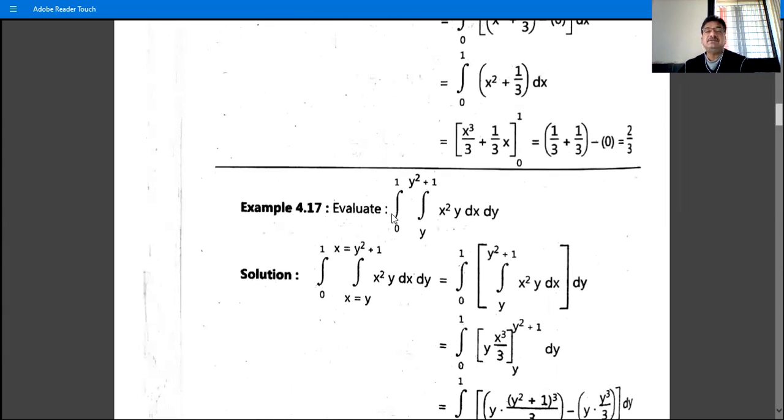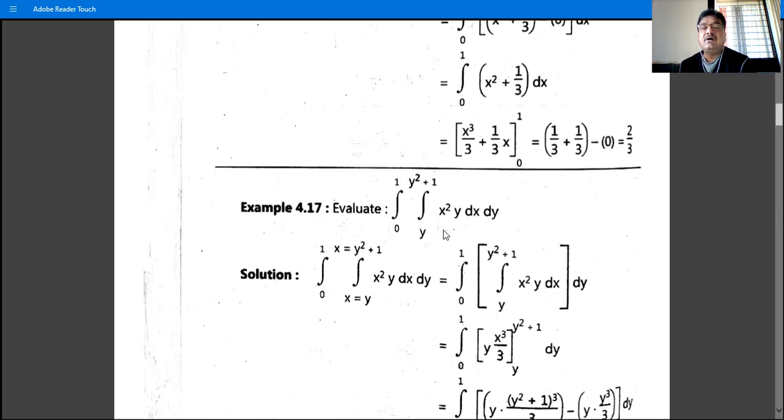Next problem, integration from 0 to 1, integration from y to y square plus 1. The limit y to y square plus 1 is on x, and the limit 0 to 1 is on y, because y square plus 1 and y are in terms of y.